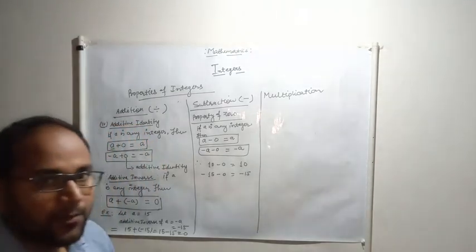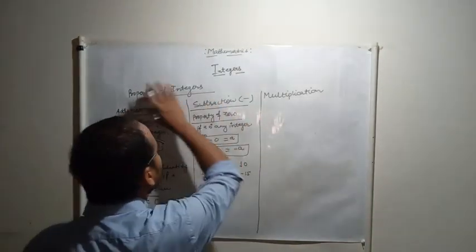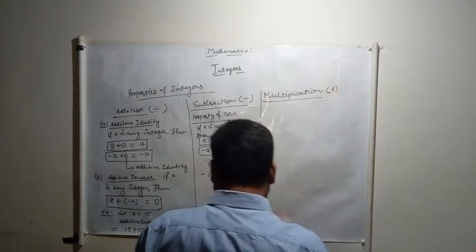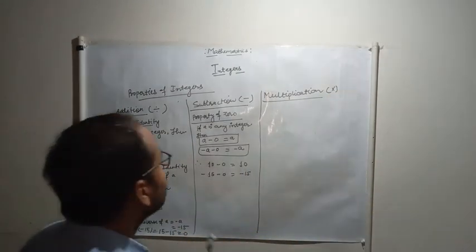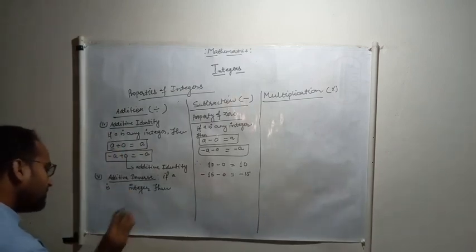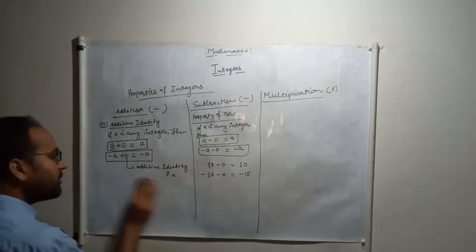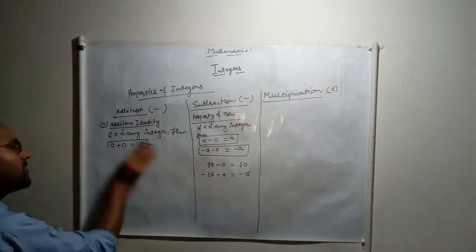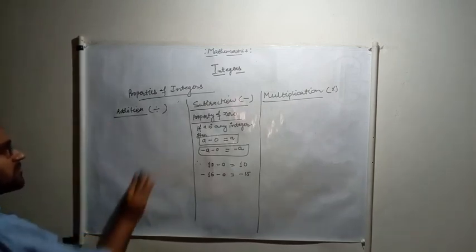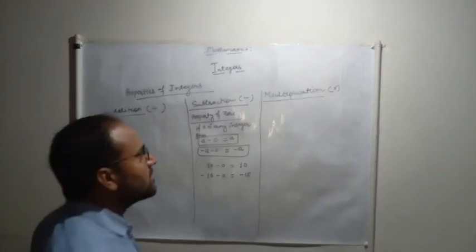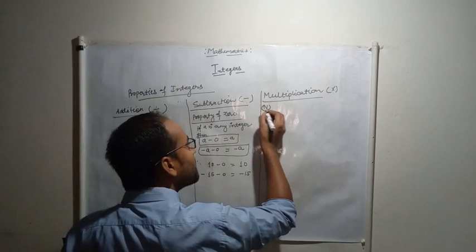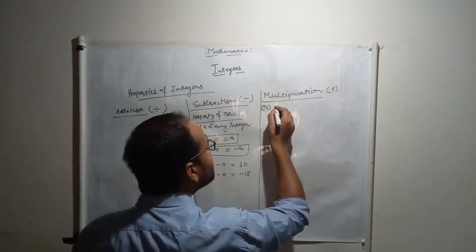Next one is the properties of integers over multiplication. In the case of multiplication, in our previous video we discussed the closure, commutative and associative properties, and after that the next one, the fourth, is the property of zero.